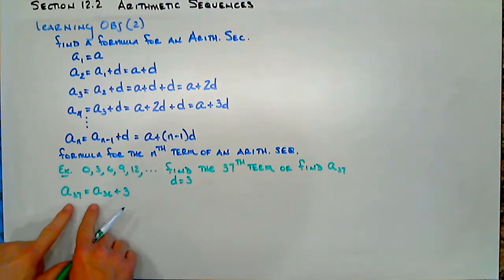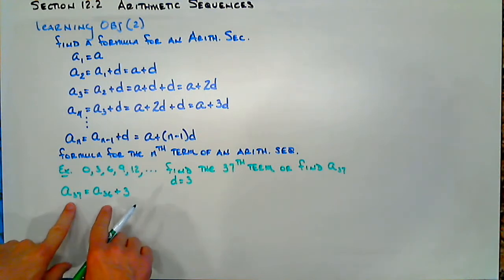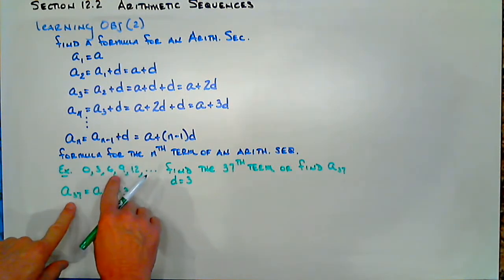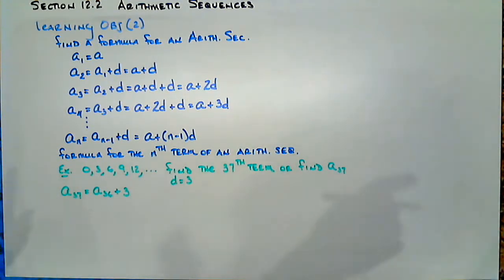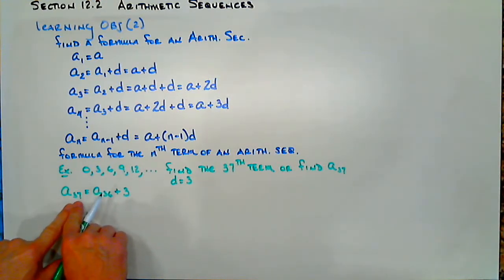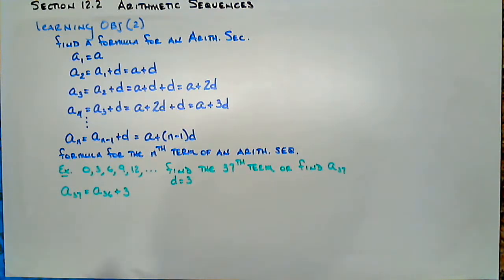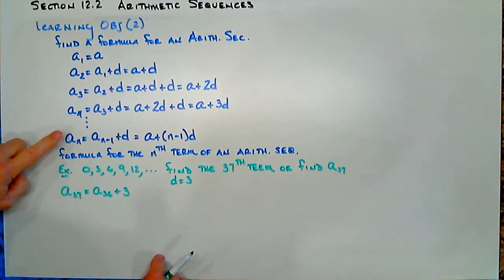So that's true, but it's not the answer anyone's looking for. Again, our options are not to go 0, 3, 6, 9, 12, 15, 18, and count out 37 terms. Nor is it possible for us to say the 37th term is the 36th term plus 3 more, because our common difference is 3. That's also not what we're expecting.